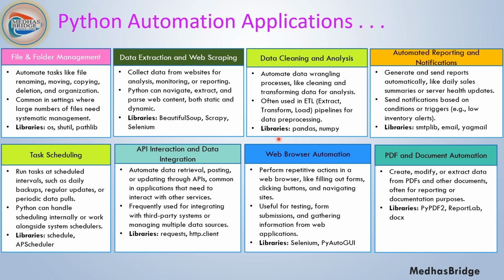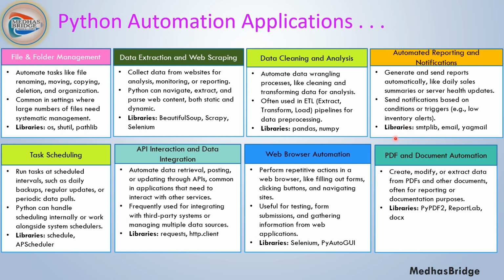Another application that you can think through is automated reporting and notification. You can generate a report and send it automatically, like a daily sales summary or server health updates. Those things can be automated using Python. You can also send notifications based on conditions or triggers, right?